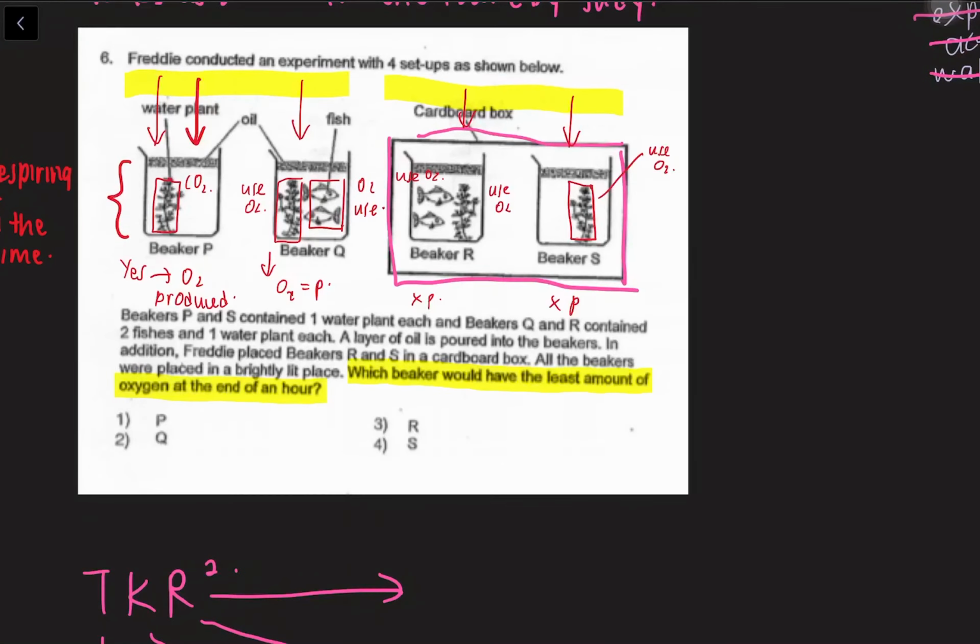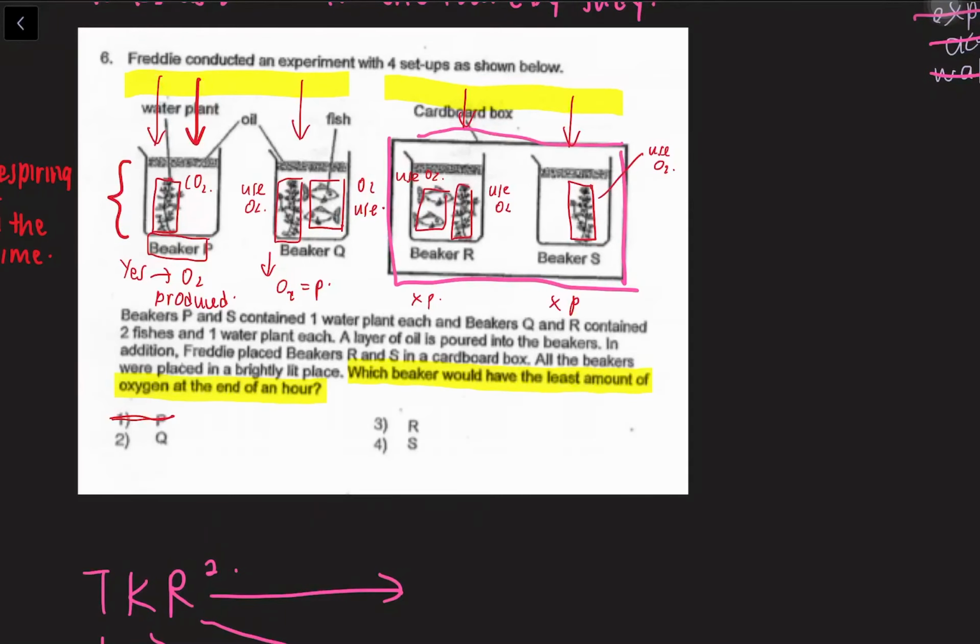So we are supposed to choose which beaker would have the least amount of oxygen at the end of the hour. So we know that there are three organisms here. So these ones are using the most oxygen. However, we know that beaker P is producing O2, therefore beaker P is immediately out because one organism and it's producing O2.